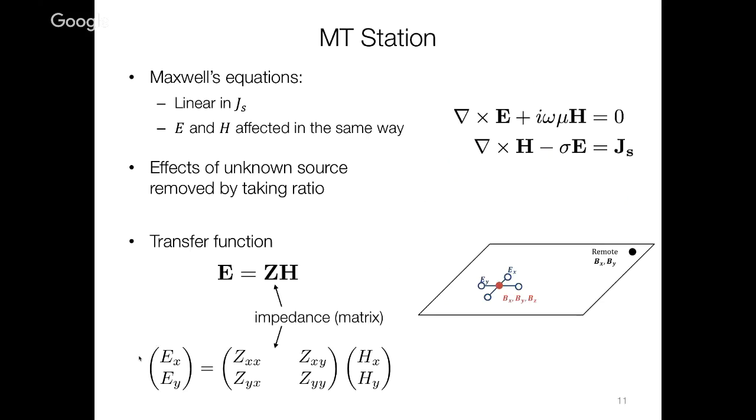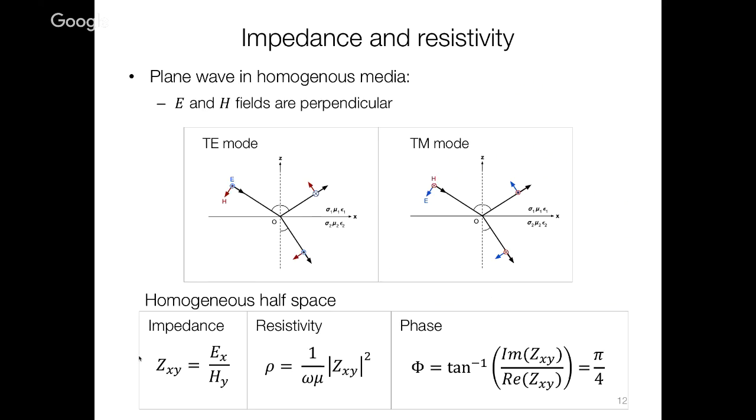And it's got four terms. And so it says basically that if we multiply this out, EX is dependent upon HX, that term, and HY on this term. So this impedance matrix is going to be the thing that encapsulates the information about the electrical conductivity.